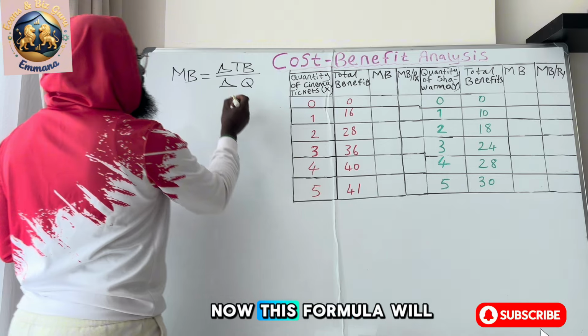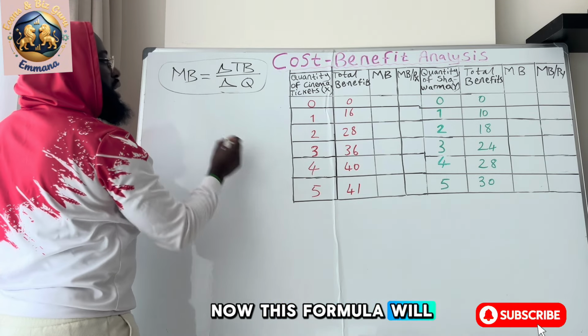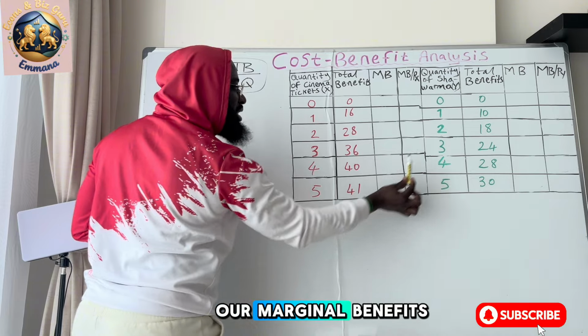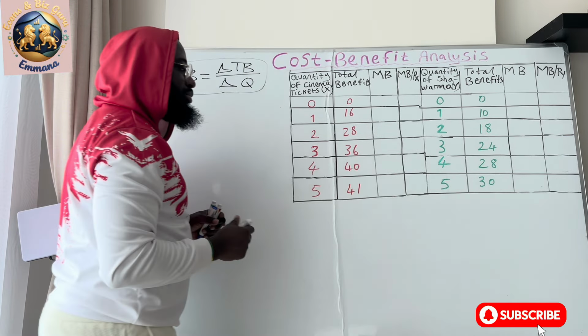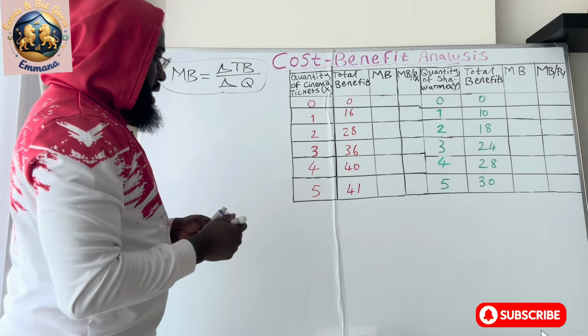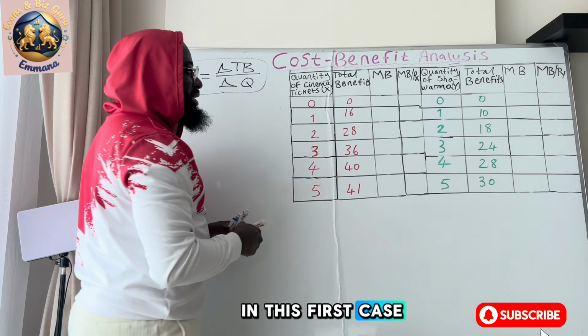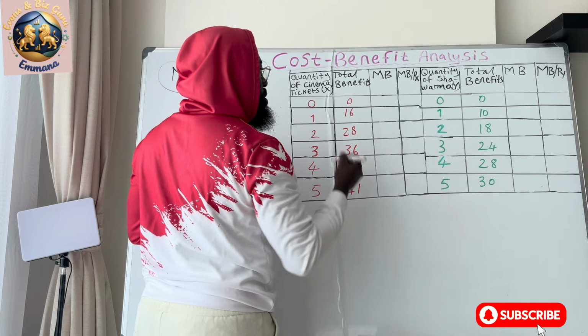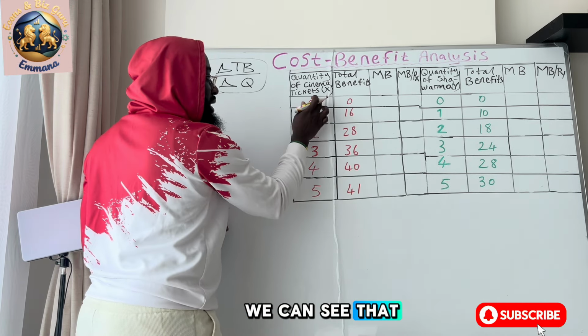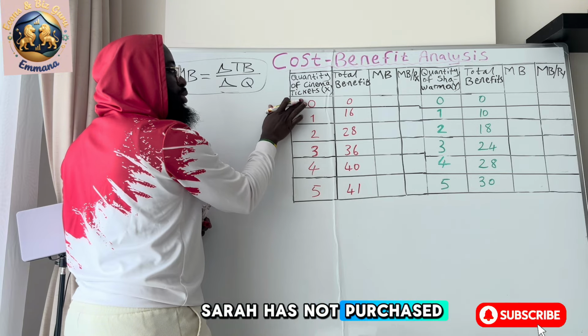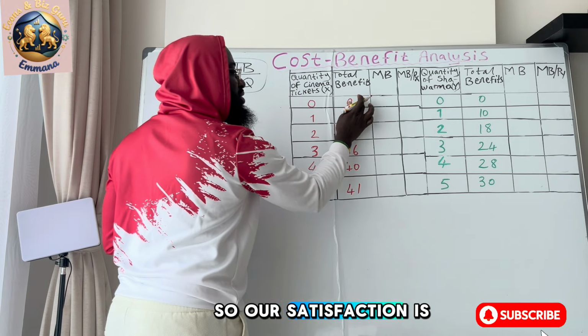Now, this formula will help us to calculate our marginal benefits. So, in this first case, we can see that Sarah has not purchased any ticket, so her satisfaction is 0.